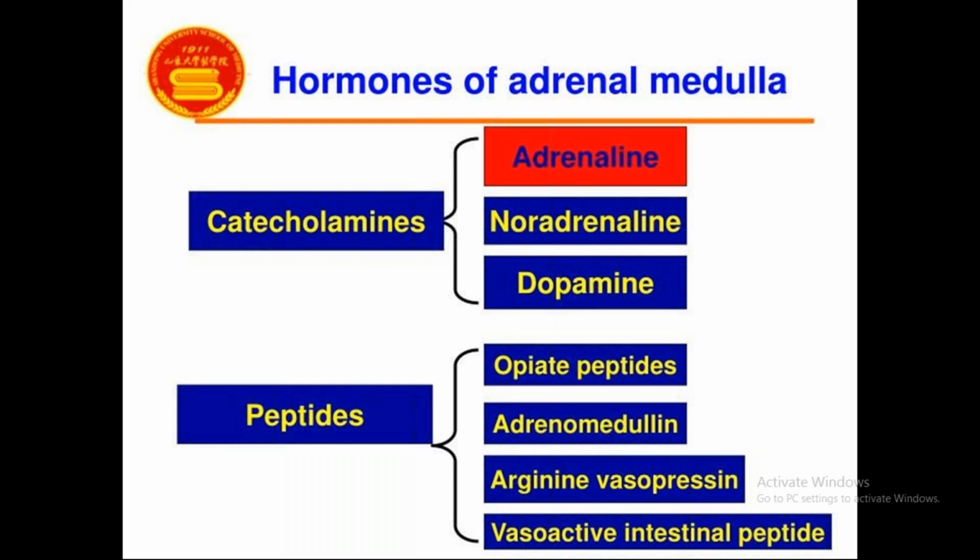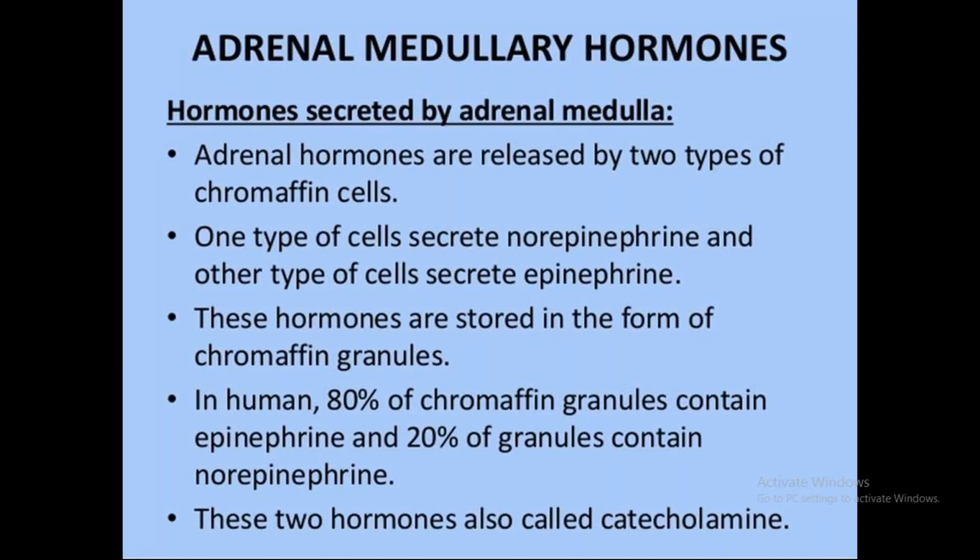Examples of catecholamines are adrenaline, noradrenaline, and dopamine, and the peptides are opiate peptides, adrenomedullin, arginine vasopressin, and vasoactive intestinal peptides. They are all released from the adrenal medulla.